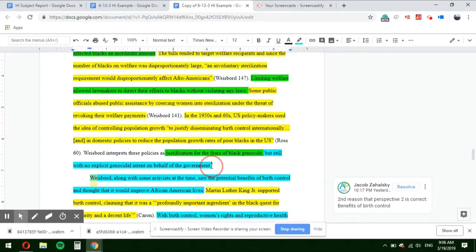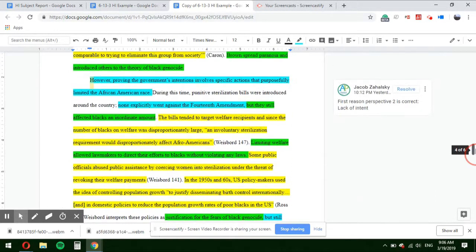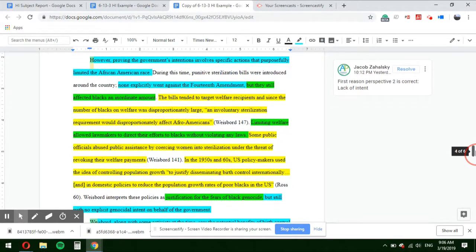And so through this paragraph, the student provides a reason why the second perspective is true, by acknowledging the first perspective and providing evidence also, and analyzing that evidence, that there was no explicit genocidal intent.